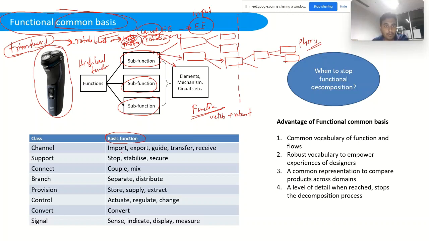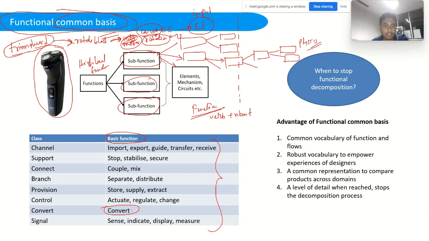At the point when we reach something like convert electrical energy to rotational energy, you should understand that we have reached the end of the functional decomposition process, because these are very low level functions. After that there is no requirement for further functional decomposition.